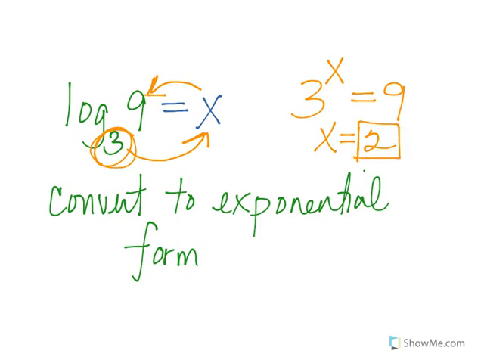Okay, so let's try a new problem, and we'll do it both ways. We'll just do it thinking about it, and then we'll do it by converting to exponential form. For question 2, I have log, I'm going to say my base is 5, of 125.